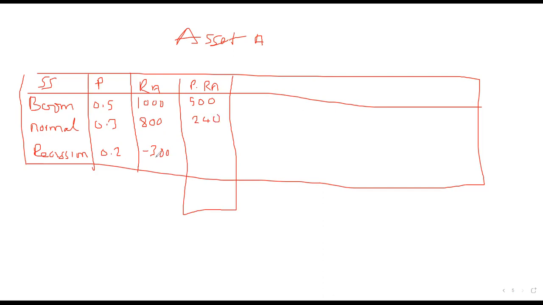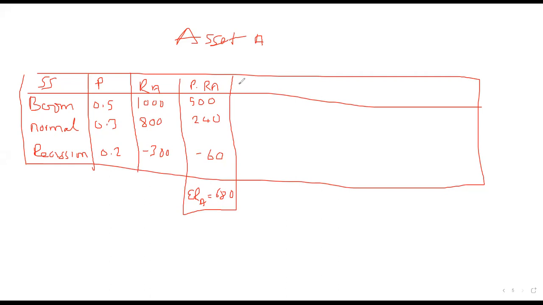When we multiply 0.2 times minus 300, we get minus 60. When we add this, the expected return for A is 680. So the expected return for asset A is 680.